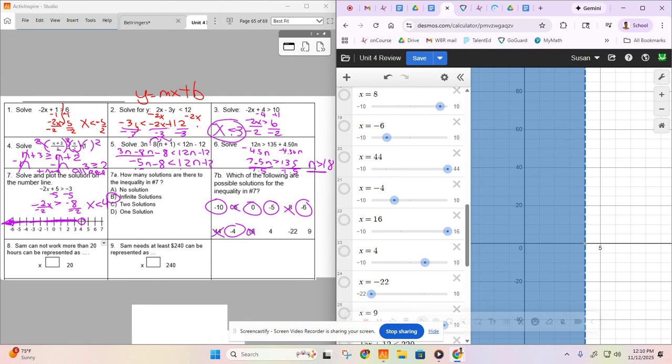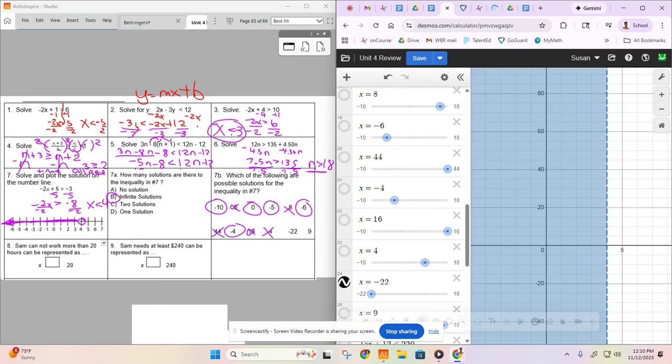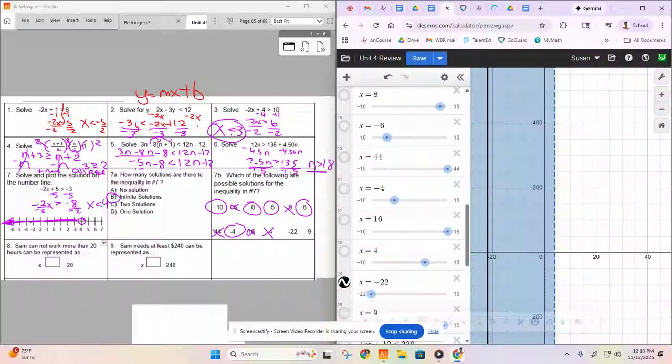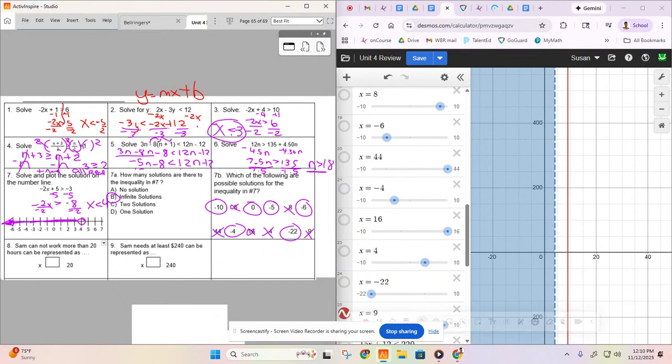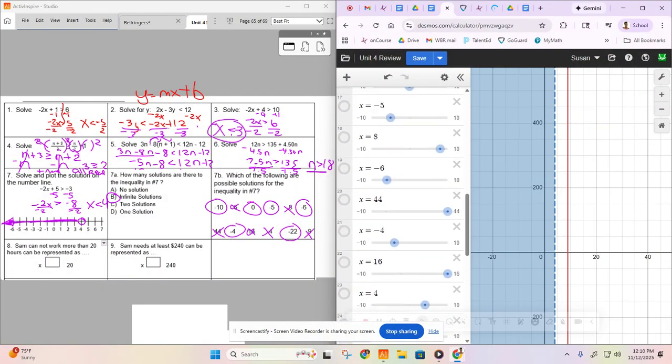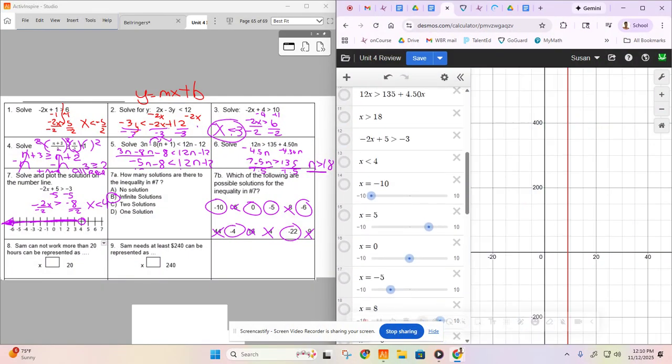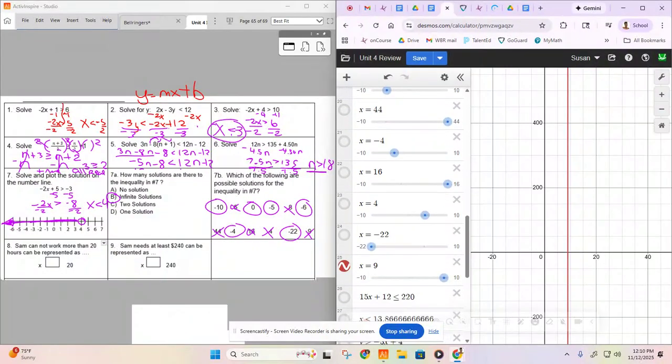If it had a solid line, it would be, but in this case, it's not. X equals negative 22. If I go down, I can see that it is in the shaded area. And then finally, x equals 9 is not in the shaded area. Let me turn this graph off.